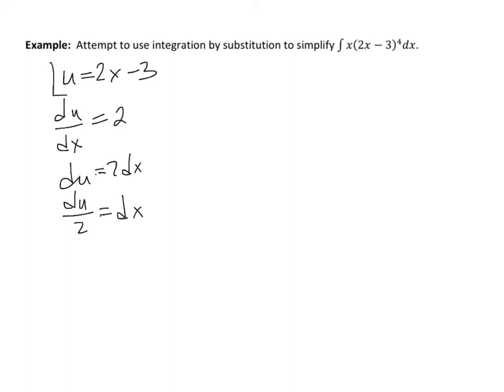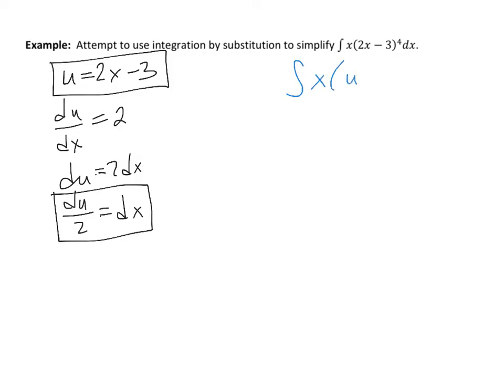Now that I have a substitution for u and for dx, I can put them into this integral. So I'm going to come over here and say, well, this is the integral of x times u to the 4th. And we're hoping that that x is going to cancel out. We've seen it happen lots of times before.